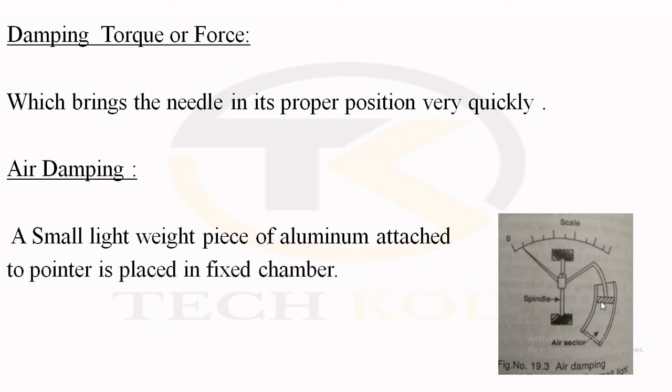The piece of metal moves in the chamber as the pointer deflects, and due to the air resistance, it brings the needle to the proper position. The damping is provided due to the friction of air, and the pointer moves accordingly.